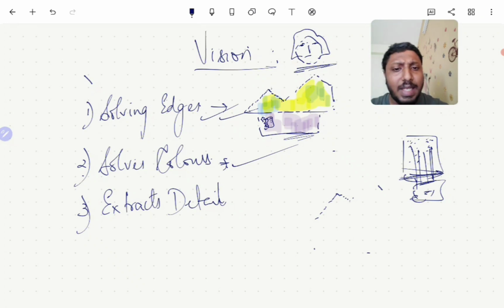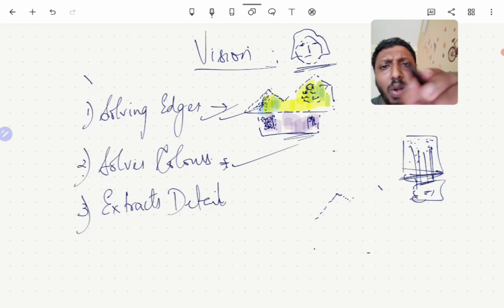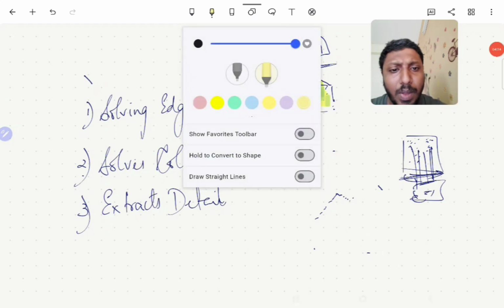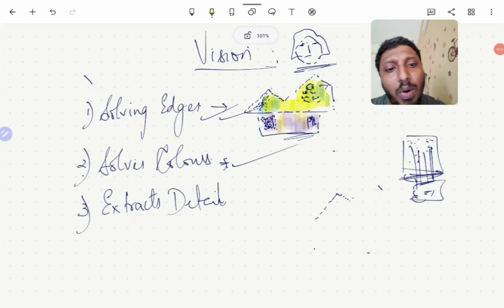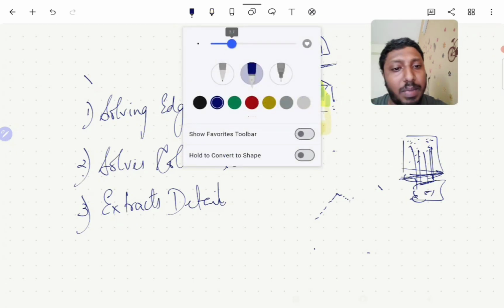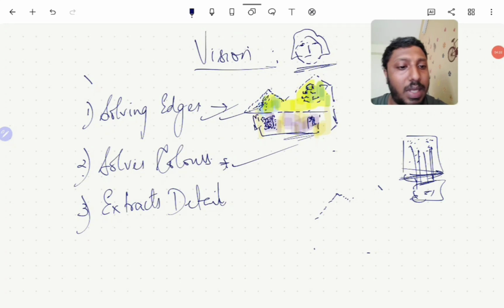So it can extract details if focused at the fovea, like small grains, the shading patterns, the thatching patterns of the roof, windows, and little shadings, and all these things we can get beautifully. Small changes in contrast, and then it can even create some 3D effects. And so that is how it is.